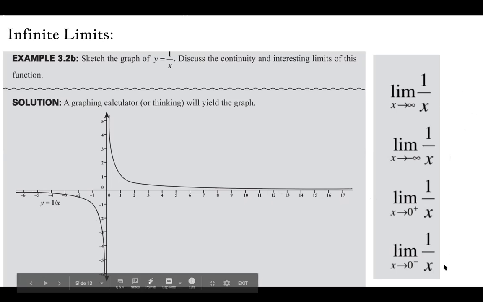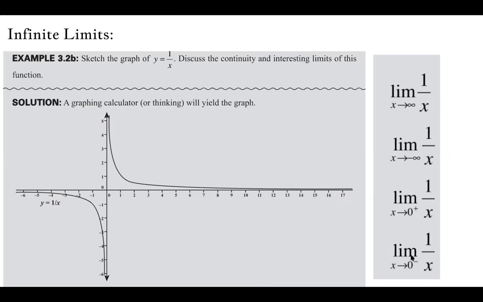Now what about as x is approaching 0? We have 0 from the right and 0 from the left. If we tried to plug this in for direct substitution, we would end up with 1 divided by 0, which is undefined, as we know, so we can't do that.